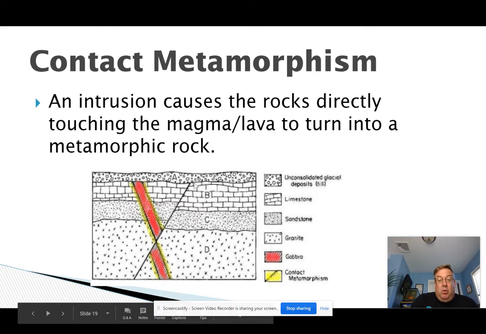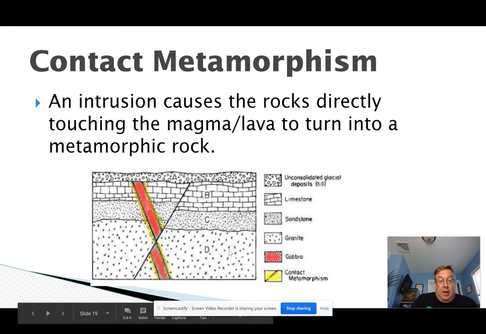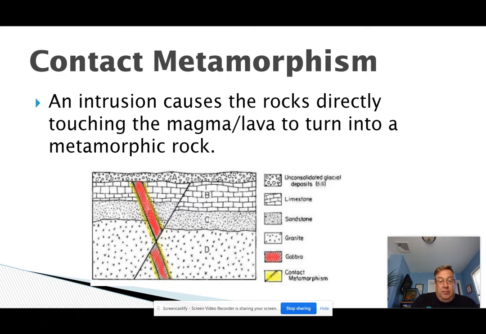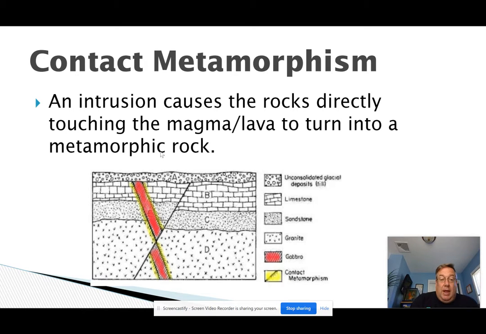If I were to put them in order, D would be the oldest because it was at the bottom. Then layer C, then layer B, then the intrusion came through. How do I know that the intrusion came through after B but before A? Well, you'll notice that the intrusion doesn't go up through layer A. So it would have already hardened.